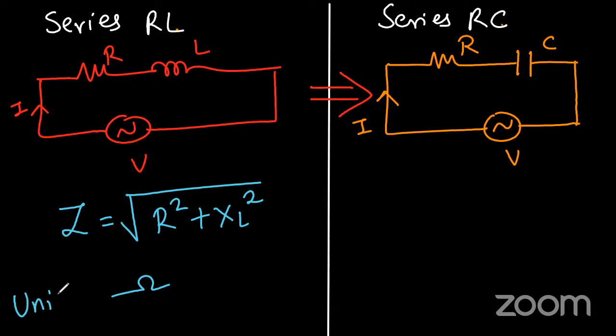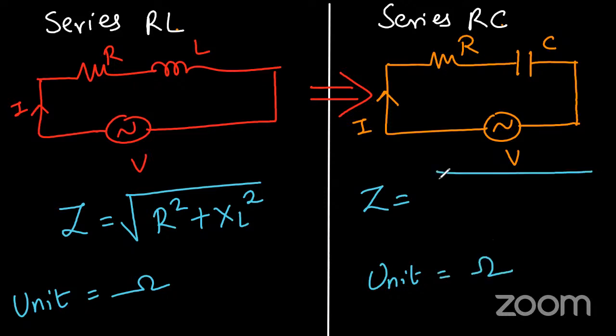This unit is ohm. Here also there is Z. So the unit is only ohm. It's ohm only. In the formula, what will it be? R square plus. So what is the formula of Z in the series RC? R square plus, what will come here?